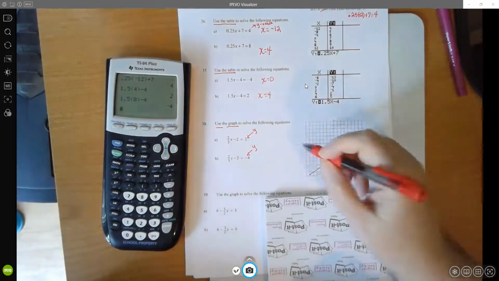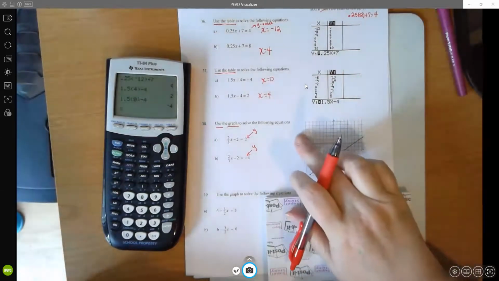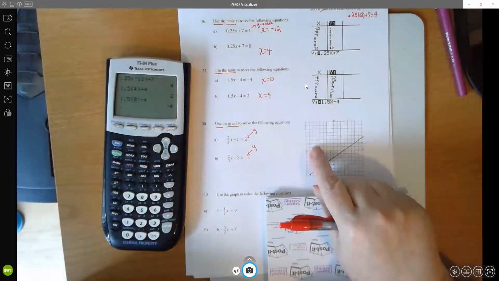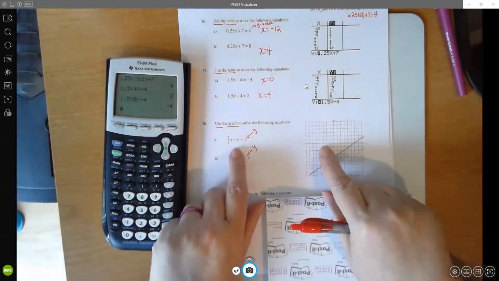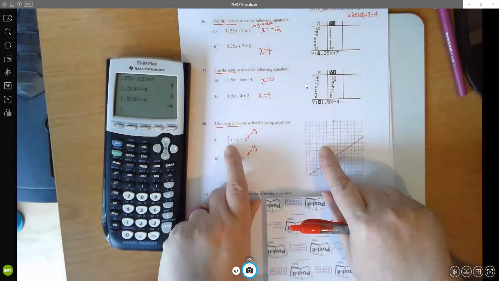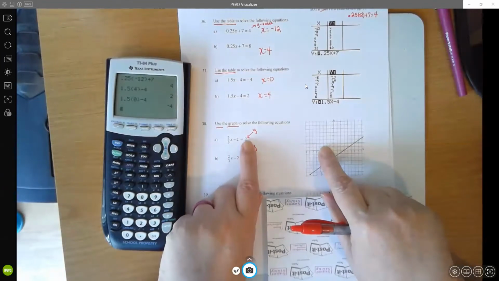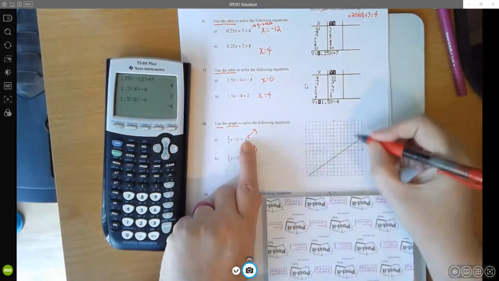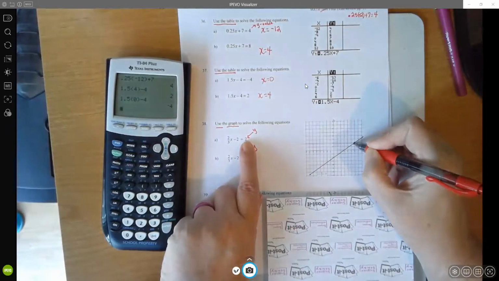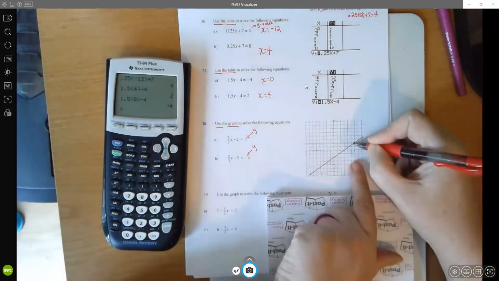And I'm looking for where that y value of 2, there's no graph here. I'm looking for where it intersects this right here, because this is where this line has an output of 2. Well, it has an output of 2 right here. And what's the x value there?